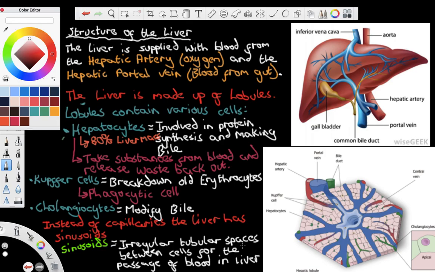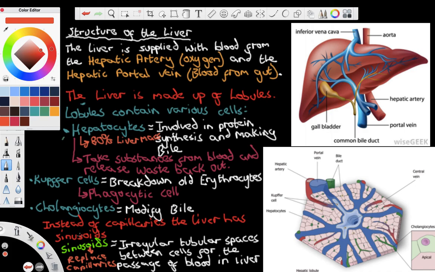So instead of having capillaries, the liver has sinusoids, which are these gaps between cells where blood passes through. So sinusoids replace capillaries. If I can fit that in, I'll be a legend. Replace capillaries. And lo and behold, I am a legend. Look at that. I know none of you are shocked.